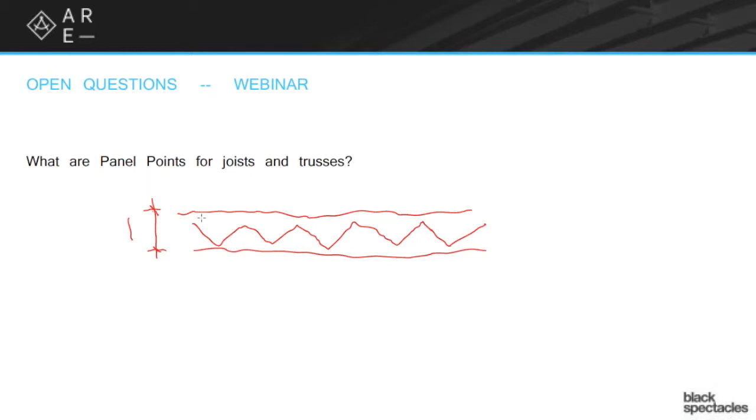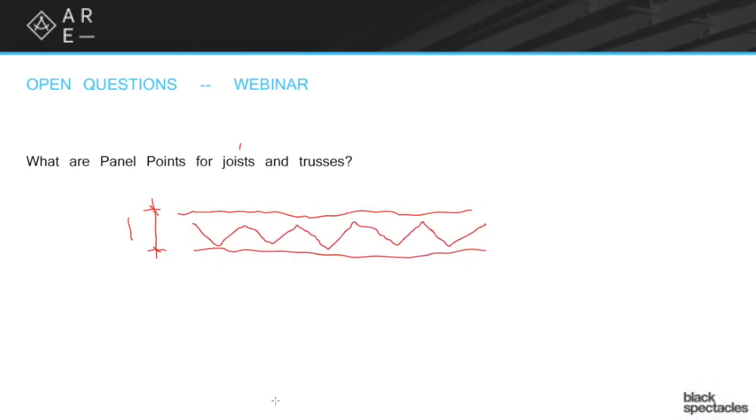And it's broken up into these triangles because the whole point of the truss is that triangles are the most solid of the shapes. The triangle can't be broken down.